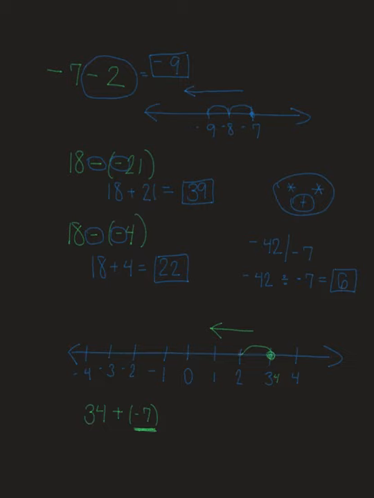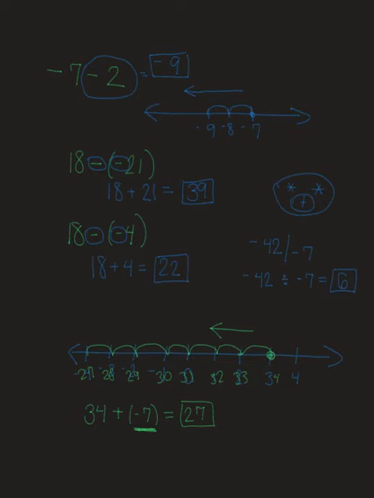We'll move 7 places first. 1, 2, 3, 4, 5, 6, 7. And so this becomes 33, 32, 31, 30, 29, 28, 27. And that becomes the answer, a positive 27, because that is where I land on the number line.